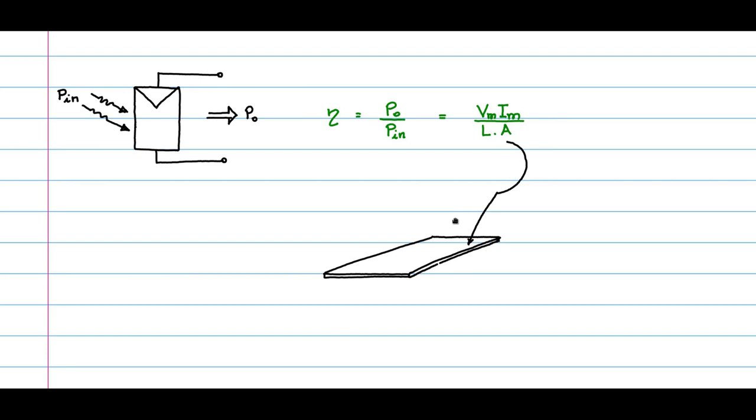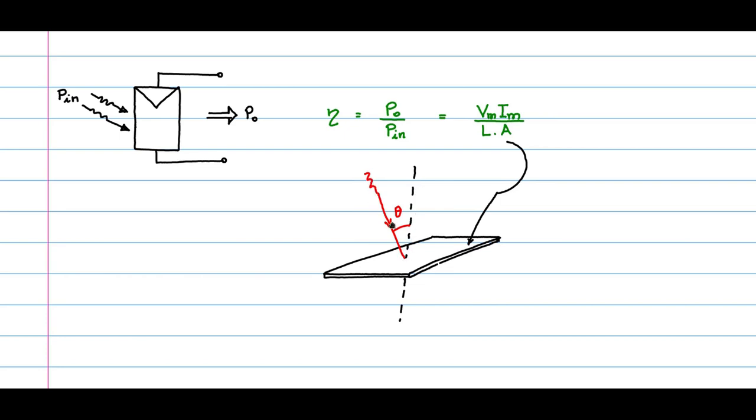Consider a normal passing through this area, and let us say that the solar radiation is falling in this fashion at an angle theta as shown. This is the angle theta like this. So what you should consider is actually the normal incidence.